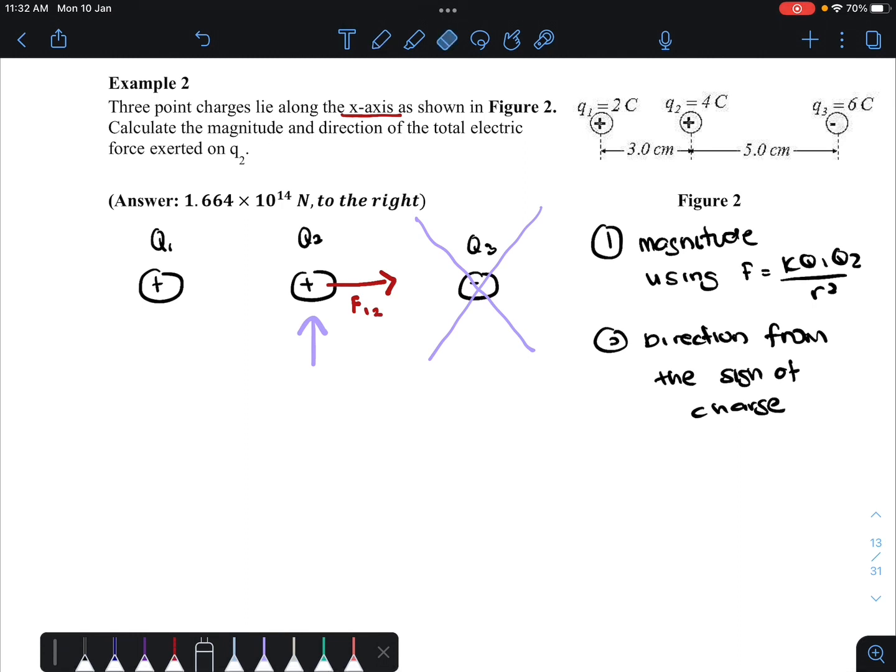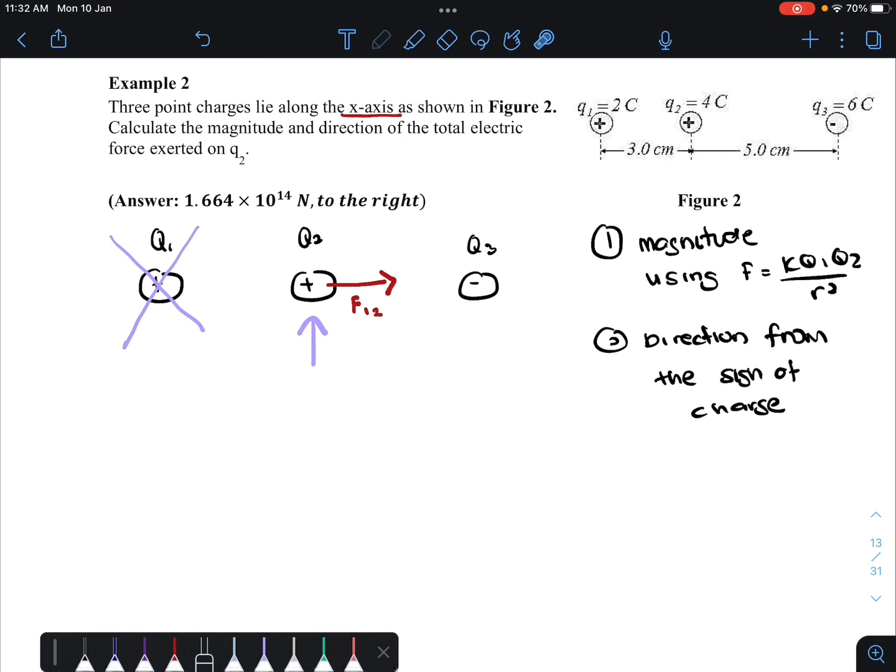Okay, and then next kita akan fokus pada Q3 and neglect Q1. Kita abaikan Q1, kita tengok Q3 dan Q2. Q3 and Q2, one is positive, another one is negative, and we know they are going to attract each other and they are going to move towards each other. Mereka akan bergerak menghampiri satu sama lain.